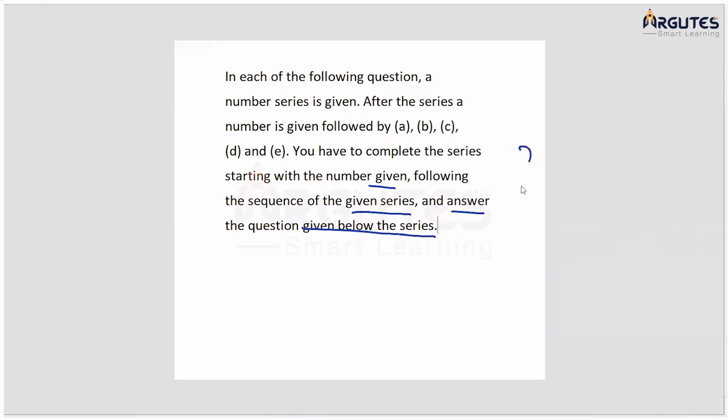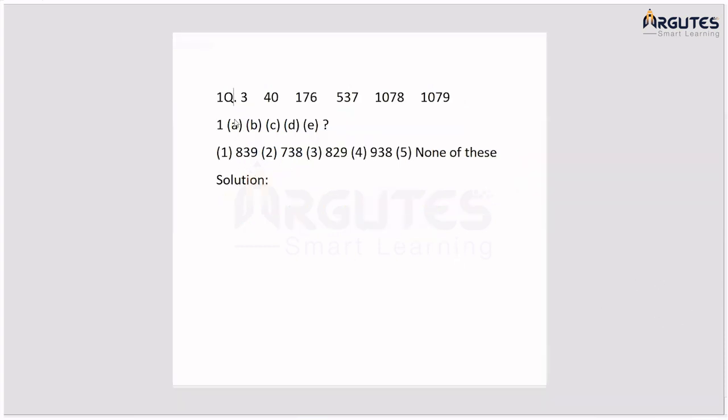So here basically what you have to do is find the logic in the series given, and apply that logic to the next number which is given in the very beginning. Let's see. Here the series is given: 3, 40, 176, 537, 1078 and 1079.